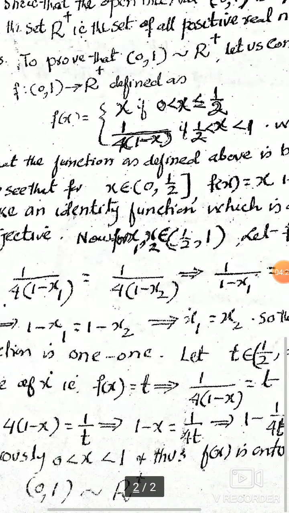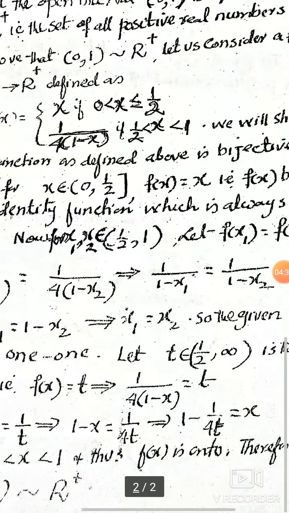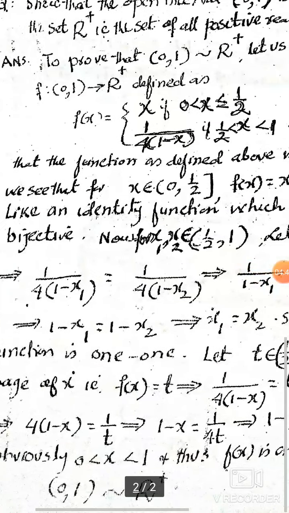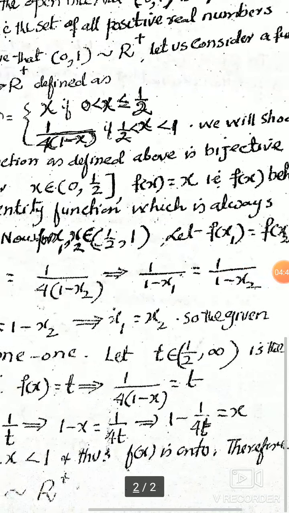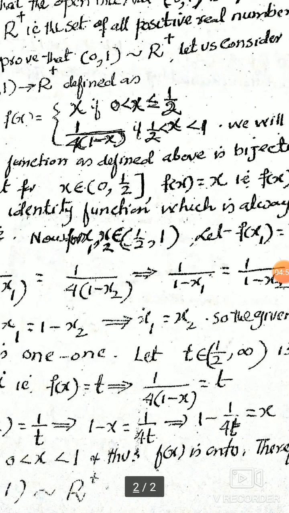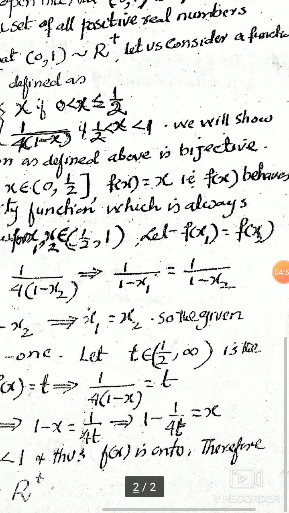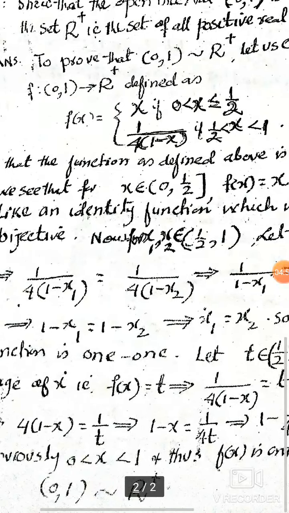We see that if x belongs to (0, 1/2], f(x) = x, that is, f(x) becomes like an identity function, which is always a bijective function. Now for x1, x2 belonging to the open interval (1/2, 1), let f(x1) = f(x2). By the definition of the function, f(x1) = 1/(4(1 − x1)) and f(x2) = 1/(4(1 − x2)). The 1/4 will cancel out.